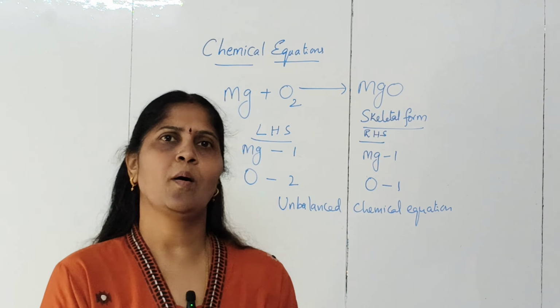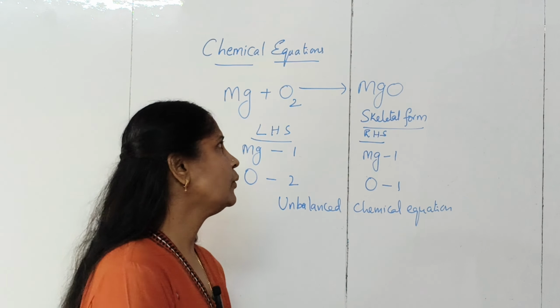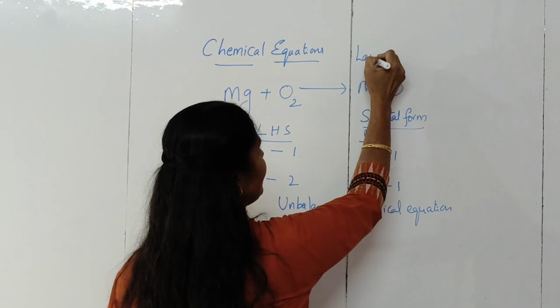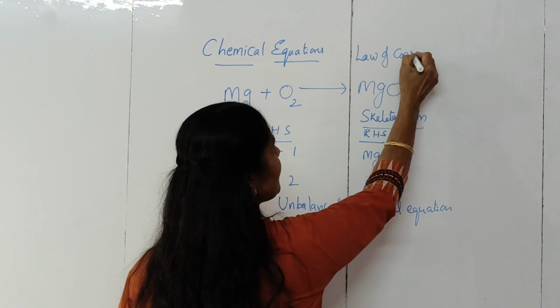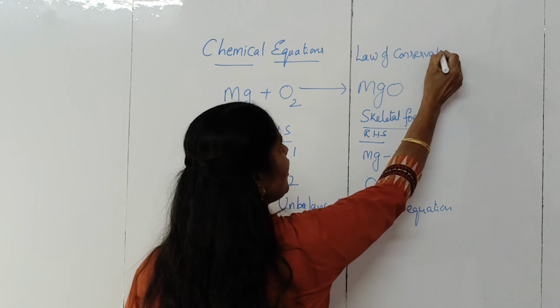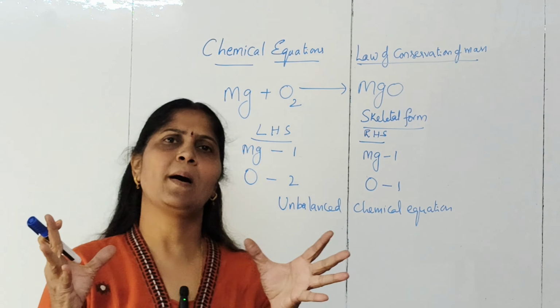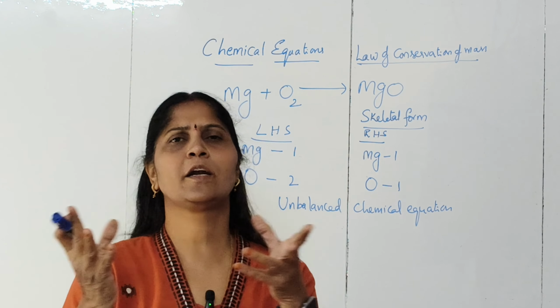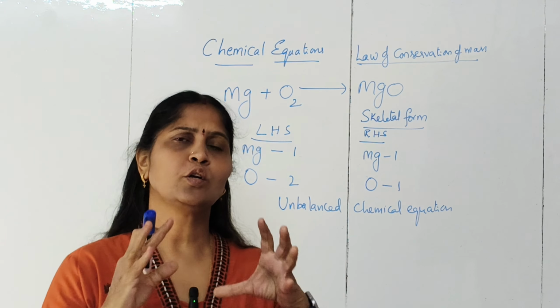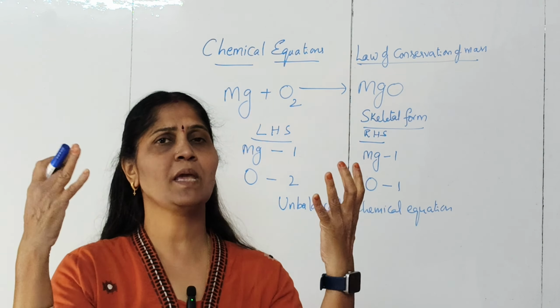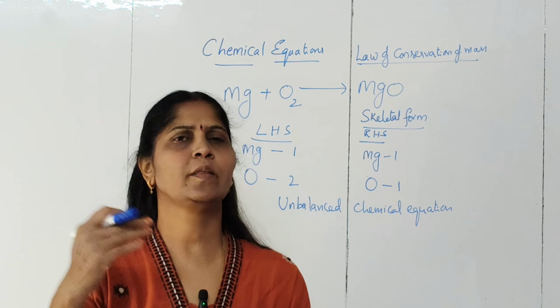So here comes the problem, because according to the law of conservation of mass, we know that the total mass can neither be created nor be destroyed. So the total number of atoms on the right hand side must be equal to the atoms on the left hand side.